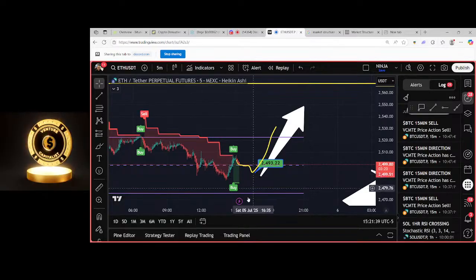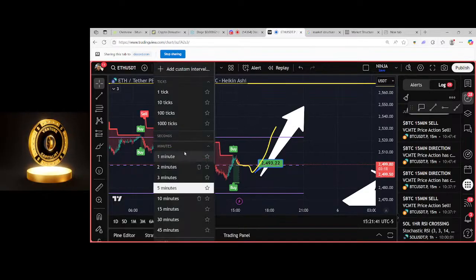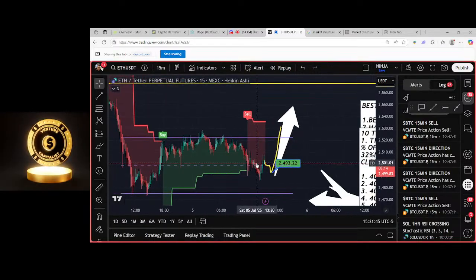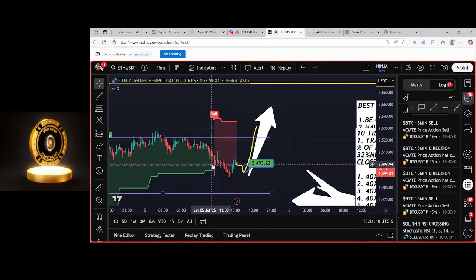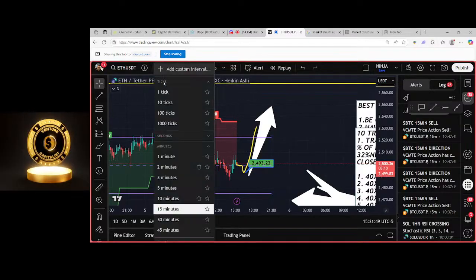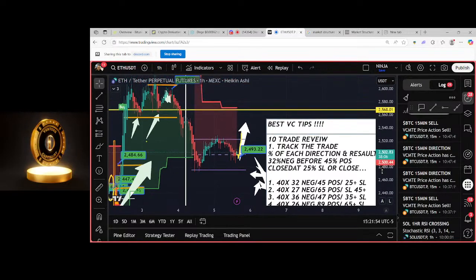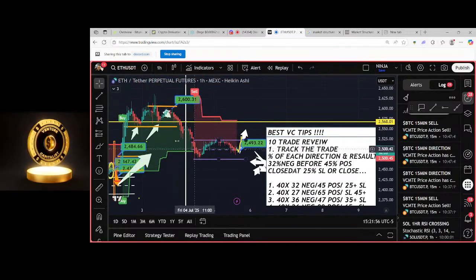Because on this time frame, we're looking at a 5-minute time frame, that creates patterns. And then once we go to a 15-minute, the patterns change a little bit. And then depending on whether or not we're using a 1 hour time frame, notice here that on the 1 hour time frame, we don't have the structure or the pattern that we had earlier, which was a lower low. We have a deeper pullback. Now we have a higher high.